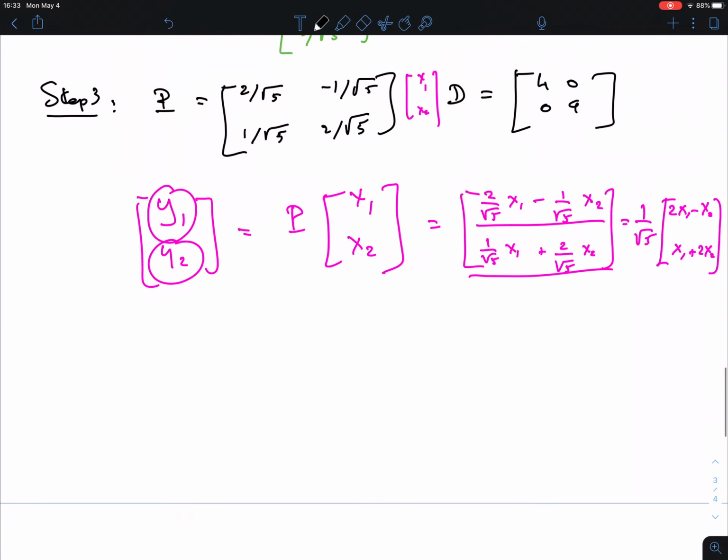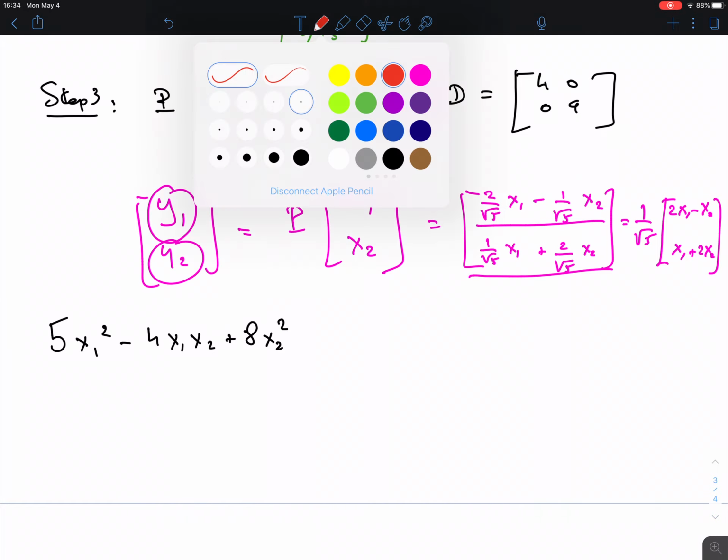I hope you trust me, that is correct. This original 5x1, sorry, I switched from x, y to x1, x2. I hope that's okay. So 5x1 squared minus 4x1x2 plus 8x2 squared. This is now equal in the purple variables. Oh, which one was pink or purple?